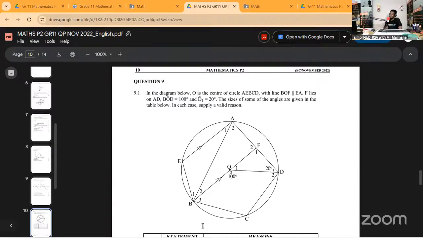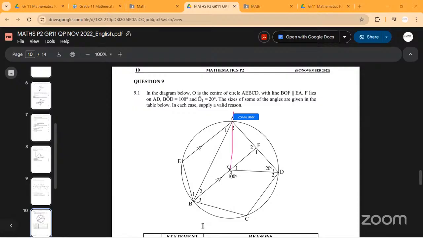Looking at this shape, a question comes and says to you, what is the value of angle A2? So I could construct a line there, and it's going to stop at A though.